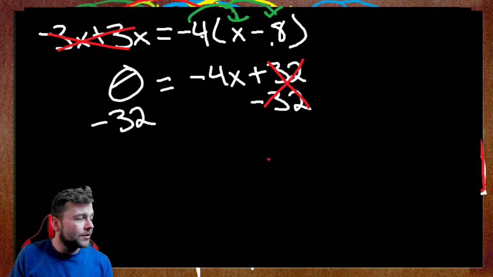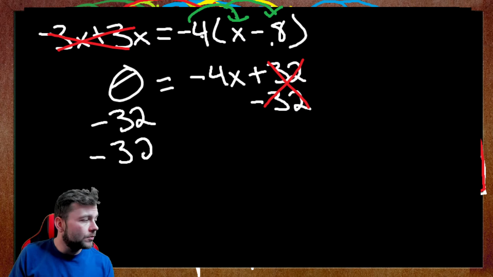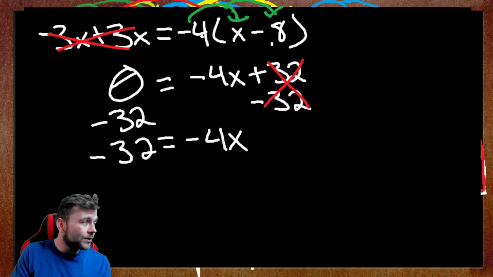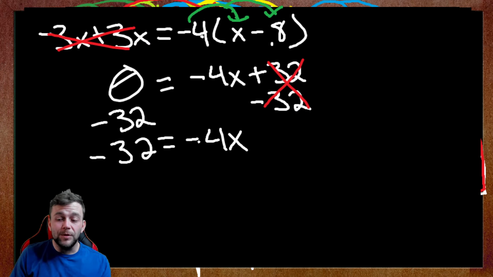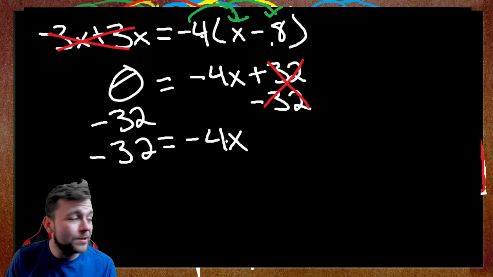And that cancels out. What is 0 minus 32? We have a negative 32 equals negative 4x. What is a negative 32 divided by a negative 4? Well, let me explain that. What's the opposite of multiplication? Negative 4 is being multiplied with your x.